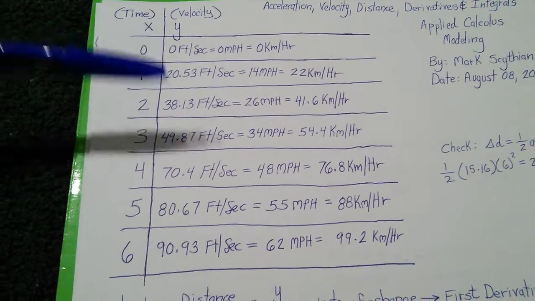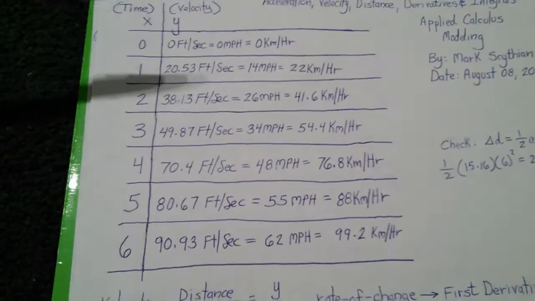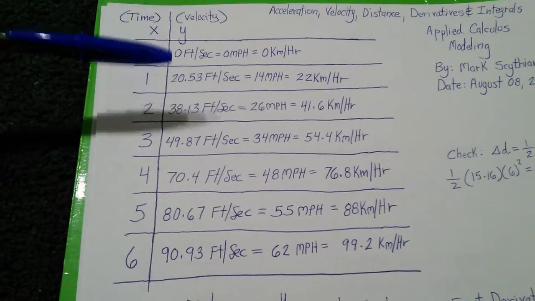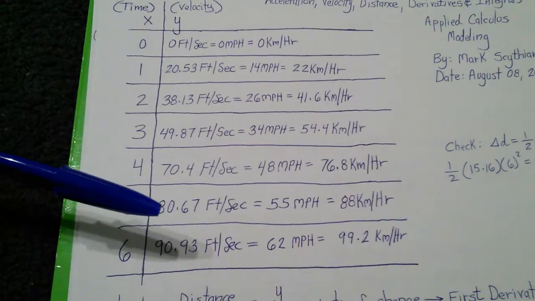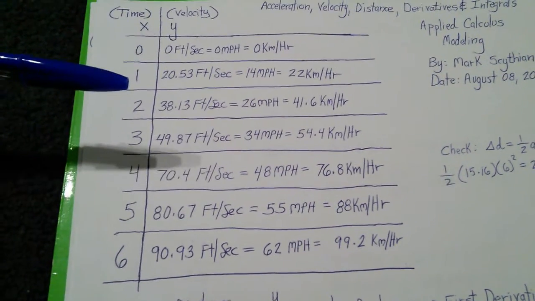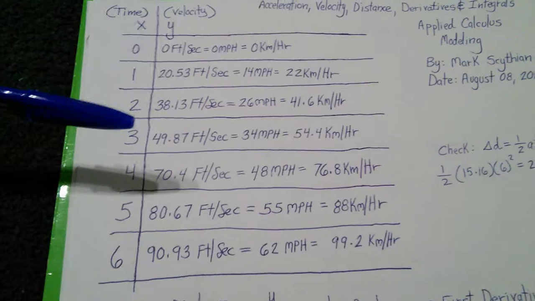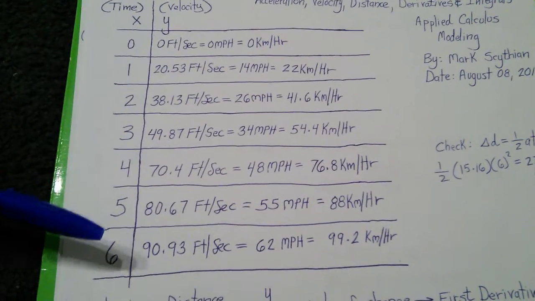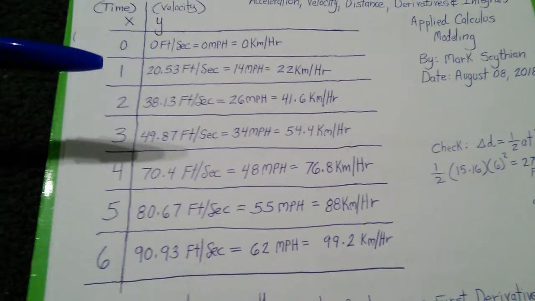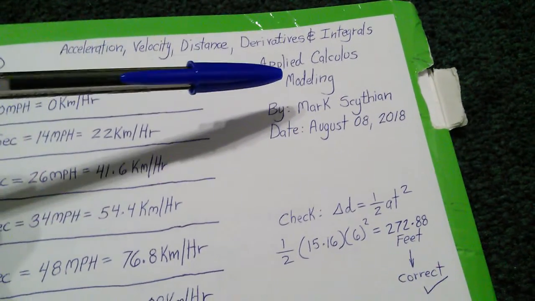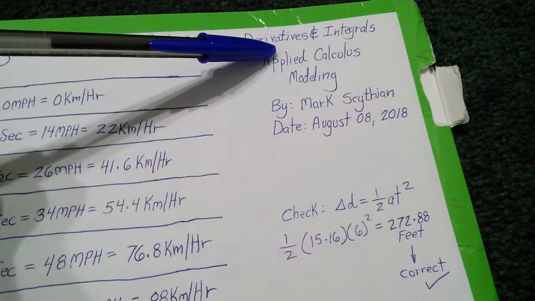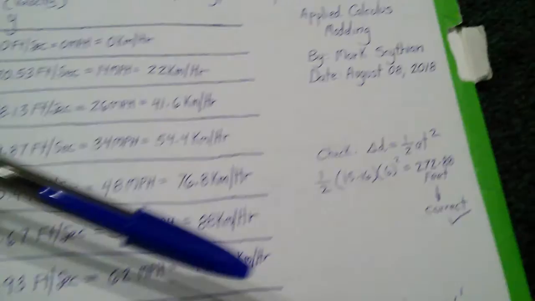So it's a changing rate of change. You couldn't just divide out the distance and then divide it by time and get some linear increase in distance over every second, because every second the distance is changing. So it's a changing rate of change. So we have to use applied calculus modeling and put to good use the derivative and the integral.